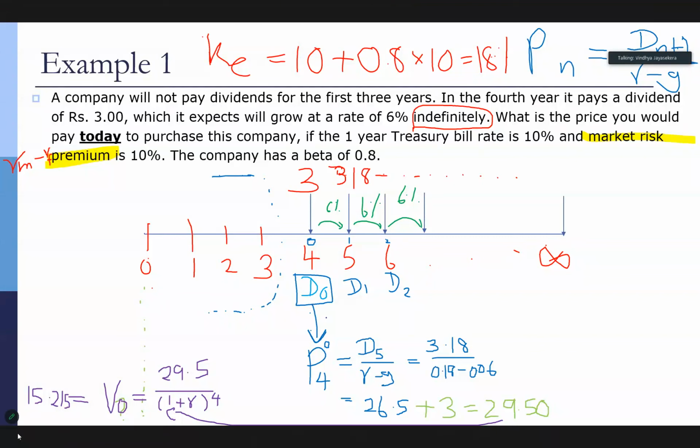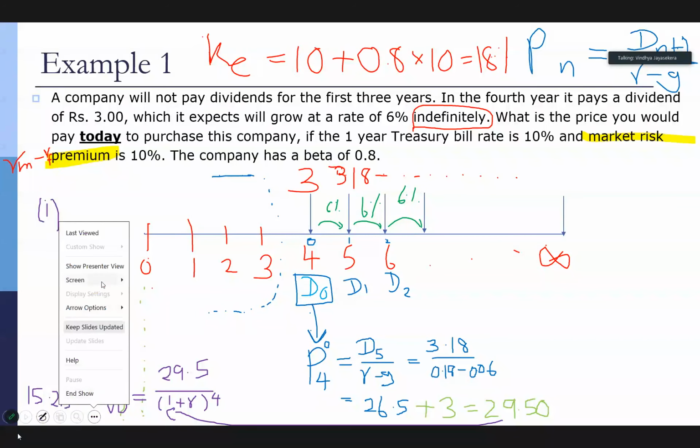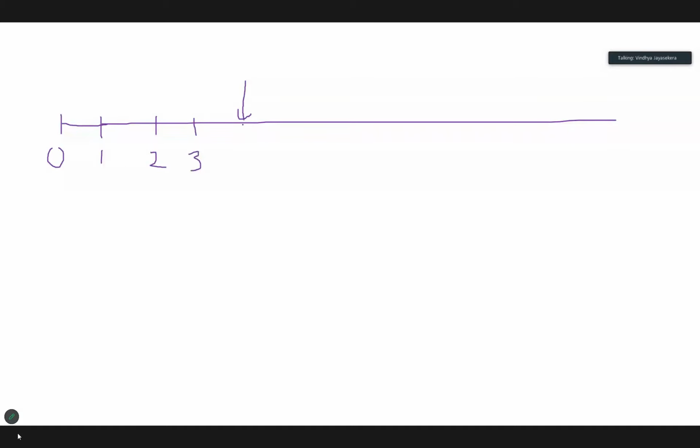This is one method of doing it. You can also do the same sum now for the first 3 years, no dividends. 4th year, there is a dividend. 5th year, there is a dividend.